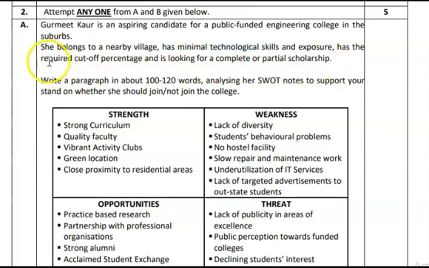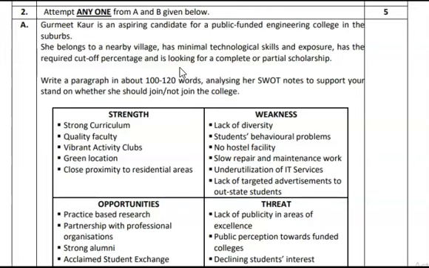Has the required cut-off percentage. This is her strength. Though Gurmeet Kaur belongs to a village, lacking number two, she has minimum technical skills and exposure, but her advantage is that she has got the required cut-off percentage mark and is looking for a complete or partial scholarship.